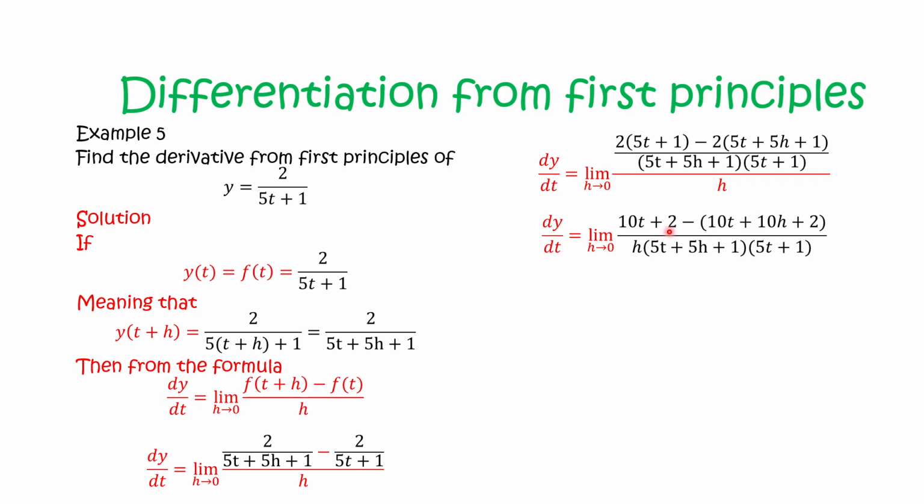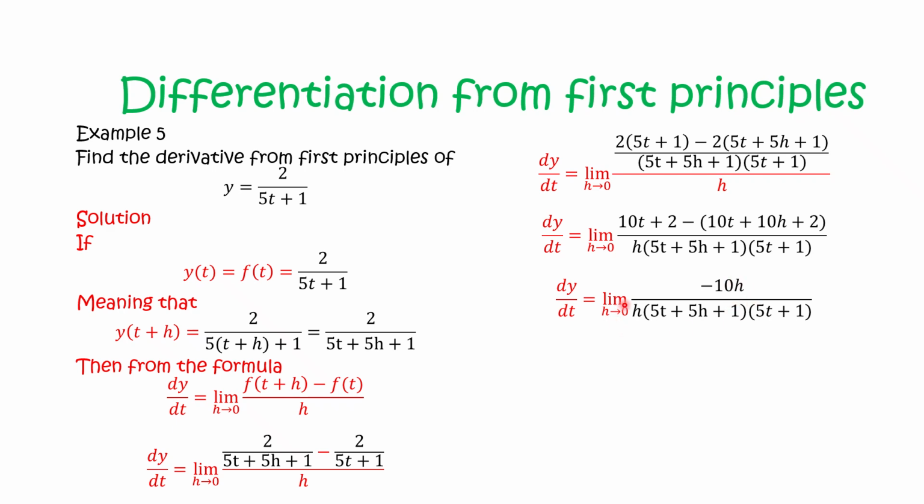So expanding the first brackets, we are going to get 10t plus 2 minus, all in parentheses, 10t plus 10h plus 2. Now, when we expand the bracket in the numerator, some terms cancel out, so that our numerator is minus 10h, and we still keep our denominator.